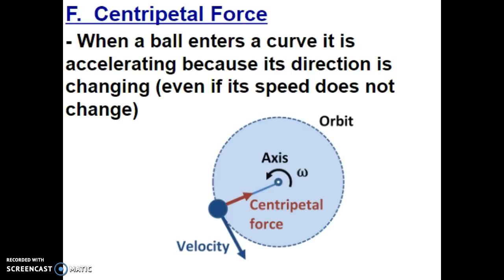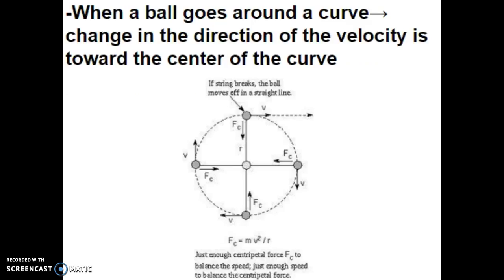And so we call centripetal force that center-seeking force. The force is being pulled into the center of that curve or circle. So when a ball goes around the curve, the change in direction of velocity is always towards the center.